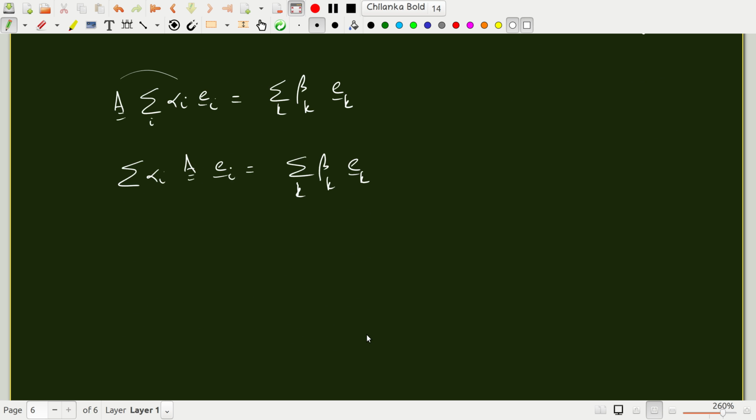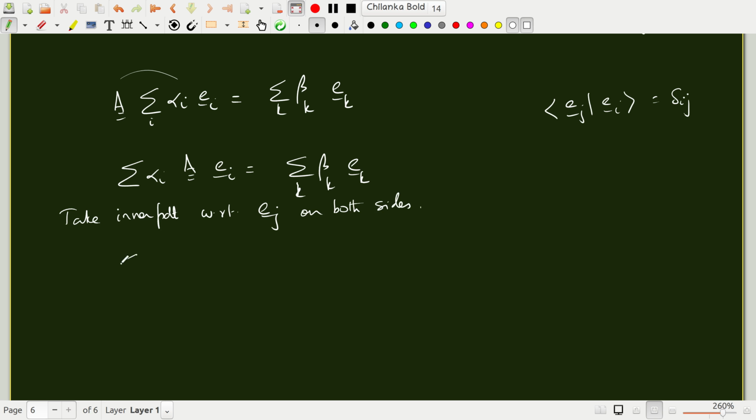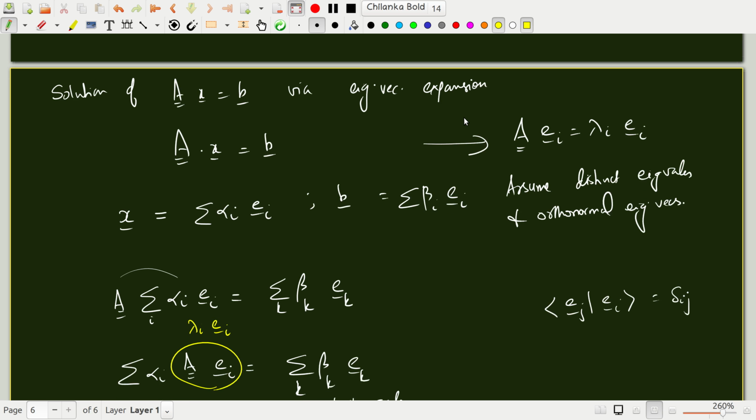Now I want to find alpha j, so I take the inner product, because you know that ej ei is delta ij. It's an orthonormal set. So take the inner product with respect to ej on both sides. First, you have to realize that A ei is nothing but lambda i ei from the eigenvalue problem.